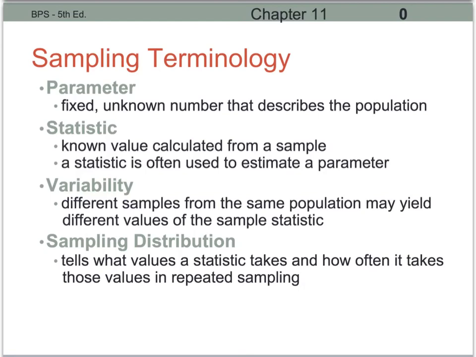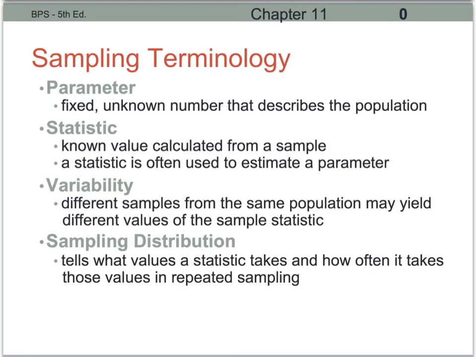Now, when we say that parameters are unknown, that doesn't mean that we never know what the mean or the standard deviation of the population are. It just means that normally we're going to be taking smaller samples and using the data we gain from smaller samples, randomly generated samples usually, to say something about what we think the parameters are.